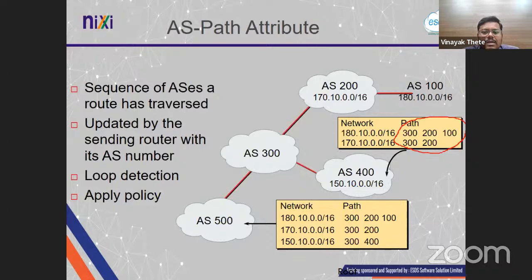If a route is received from the same AS, that route is dropped. Suppose for this route the AS path is 300, 200 and 100, and again AS 300 gives this route. Looking at the algorithm for loop detection in eBGP, that packet will be dropped. In this way, loops are avoided in eBGP.